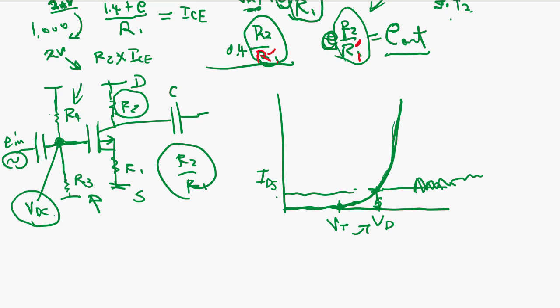Bipolar was exponent. So if you listen carefully, the audio system made with bipolar and the MOS, some people with a very good ear can feel a little bit different. Okay, that's because the non-linearity is different.